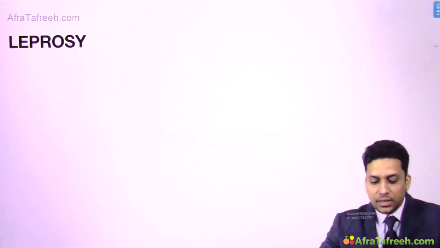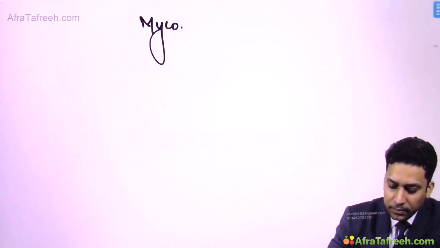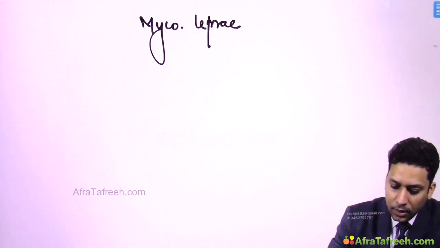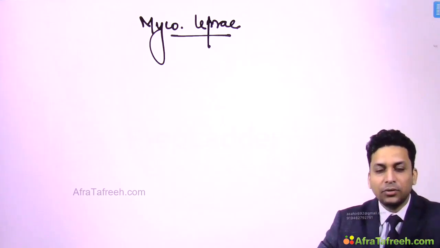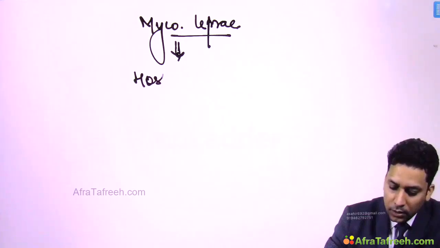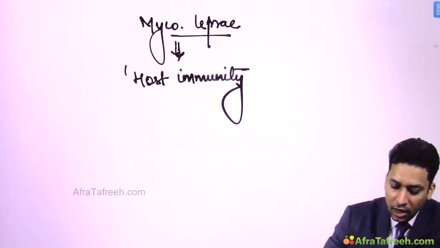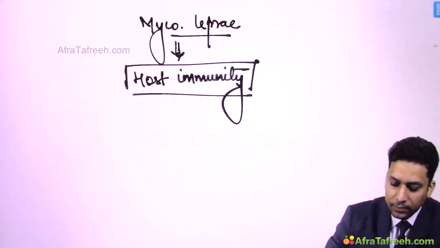So next is leprosy. Like we all know, leprosy is caused by Mycobacterium leprae, and this condition is not just about the infection with this bacteria, it is more about the host immunity. So once there is infection with this bacteria, everything depends on the host immunity.